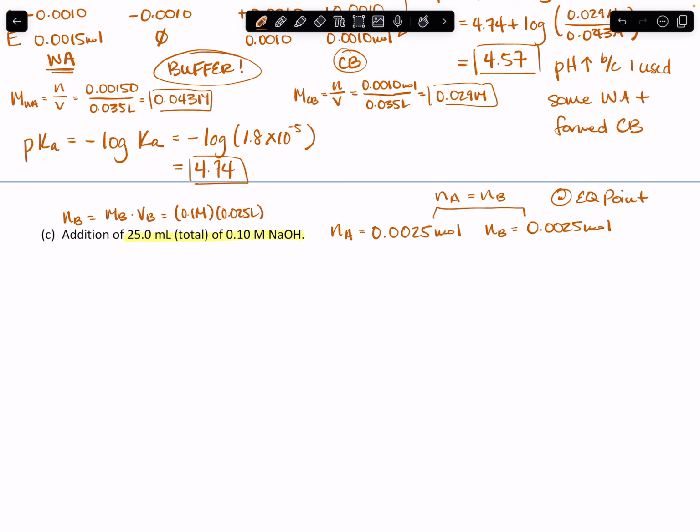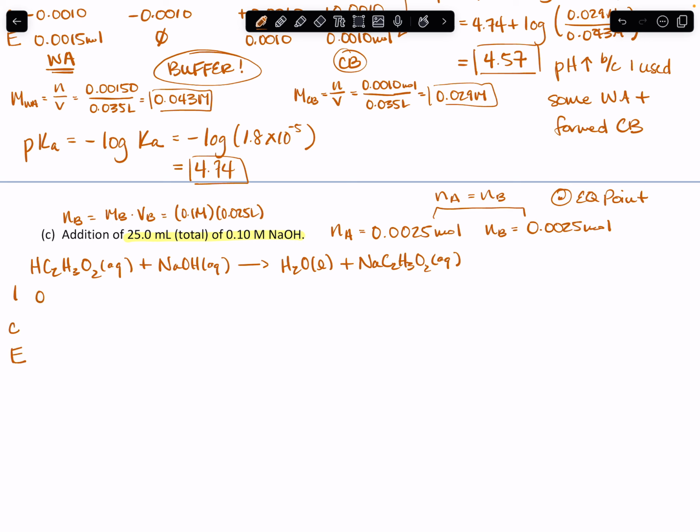So I'm going to use again my reaction. I have HC2H3O2. I'm going to react that with my strong base, NaOH, and we're going to form water and NaC2H3O2. Set up the ICE chart.